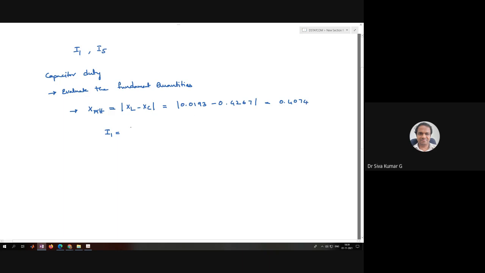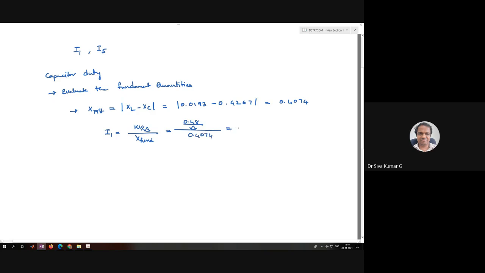With that, we can find the current, taking the phase voltage: the kilovolt by root 3 divided by the fundamental reactance, which is 0.48 by root 3 by 0.4074.